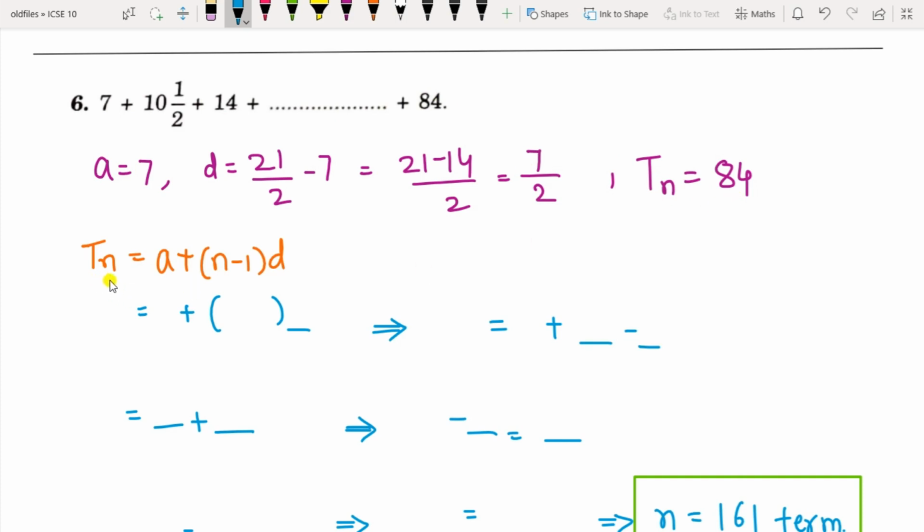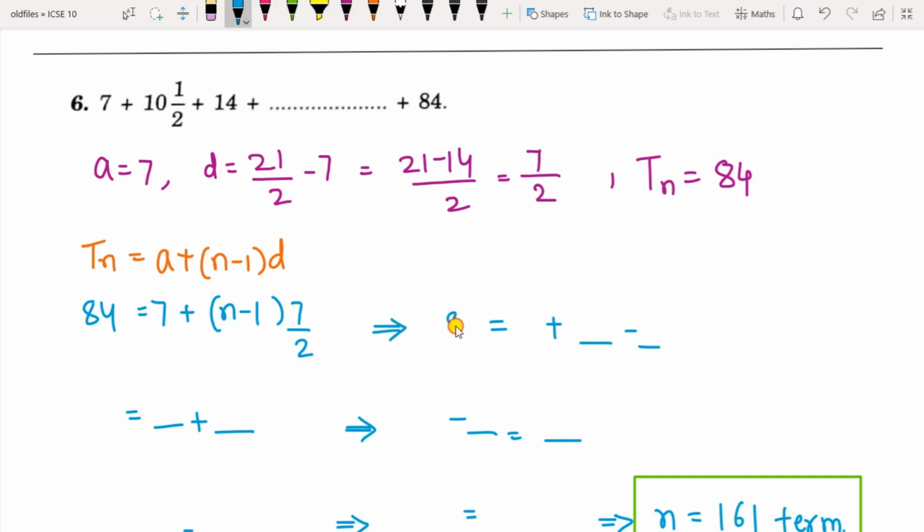Here we don't know the number of terms, so first you have to find the number of terms to apply the formula for the sum. So you have to first find the n value.